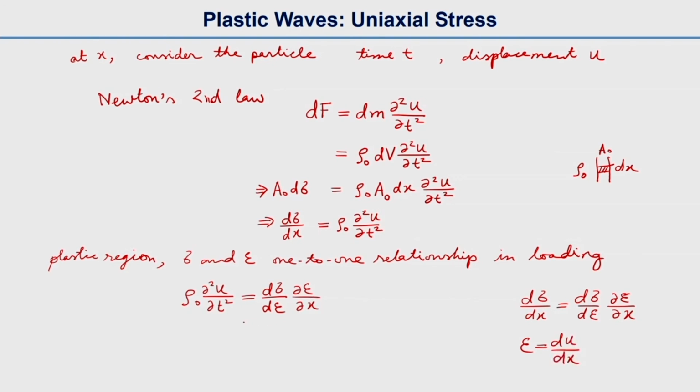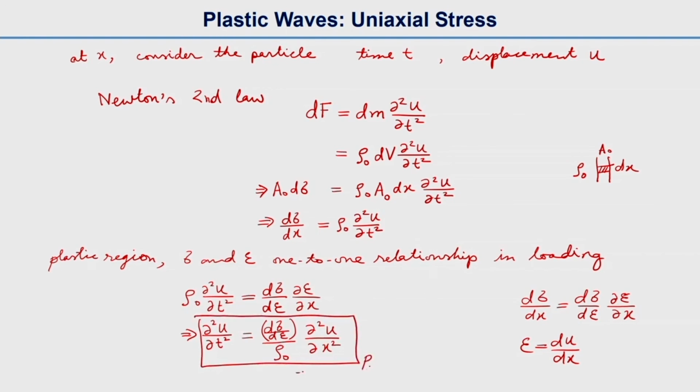So from that, dividing by rho naught, the left hand side will be like this, and this will end up with an equation like this. So this is the plastic wave equation.